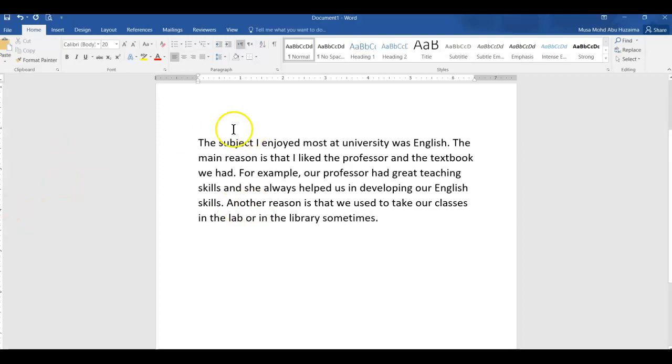Okay, here, topic sentence. I explained, I gave the reason, I gave an example, I gave another reason. Okay, I used the main reason, another reason, for example. All these are linking words.